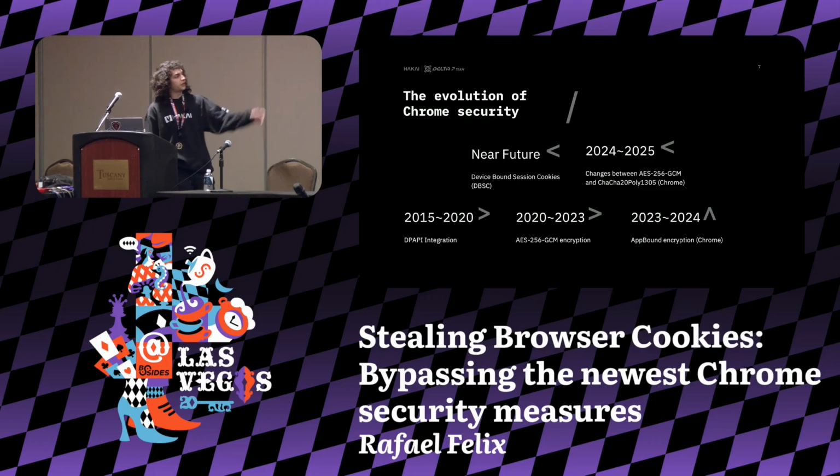And in the near future, which is already shipped on the Chrome Dev and Chrome Beta builds, is device-bound session cookies, which we'll show you later on how it works, and also some possible attack vectors, some brainstorming here to see if you can get some idea of an attack.